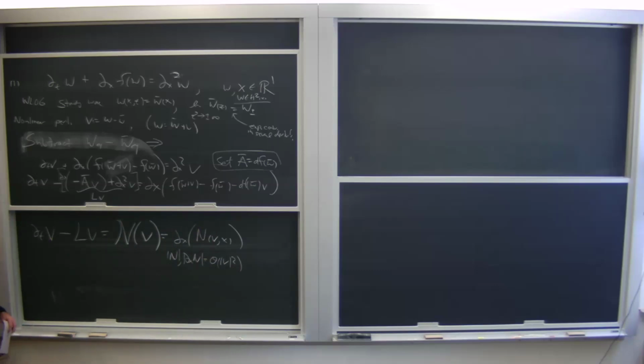And that comes from just Taylor expansion. We could use the integral remainder formula to write this as a quadratic form in V.